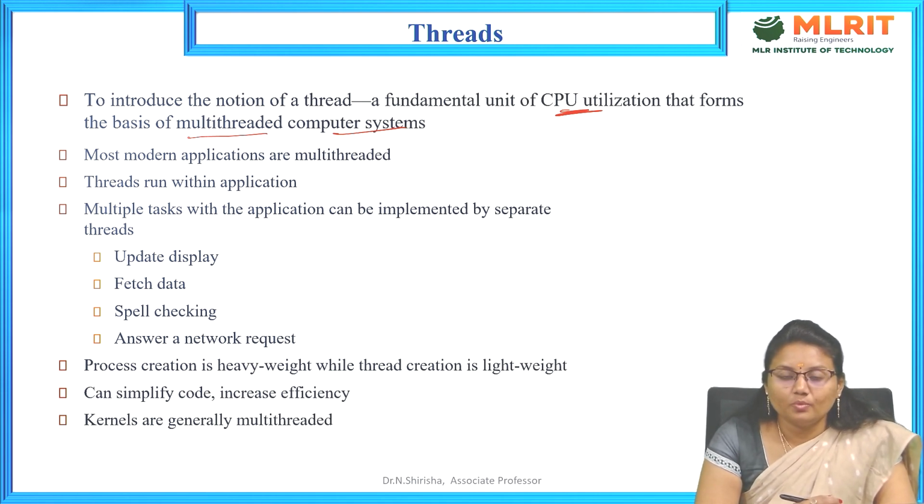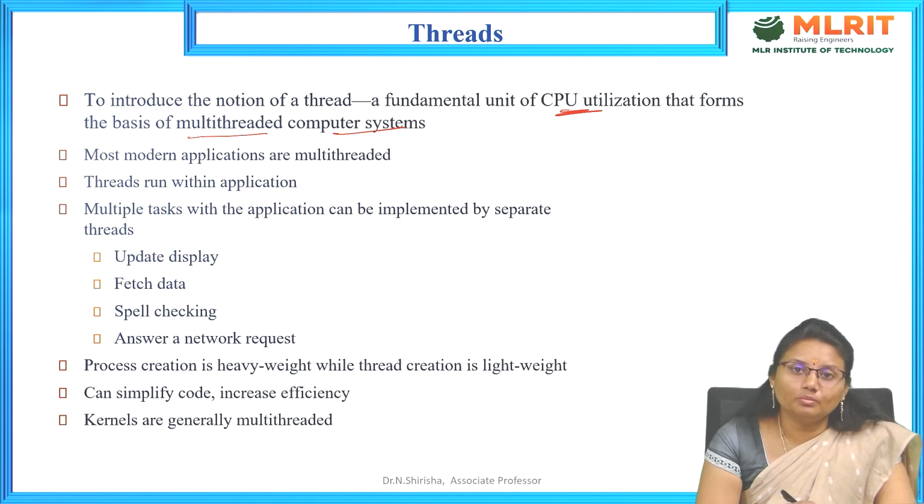When you want to do some task, you divide it into different modules, each handled by a thread. If you have a single thread, it will execute only that thread and the CPU will go to the idle state. So we are moving from single-threaded to multi-threaded computing. Whenever a thread has completed its job, it has to go to the second thread and execute its job.